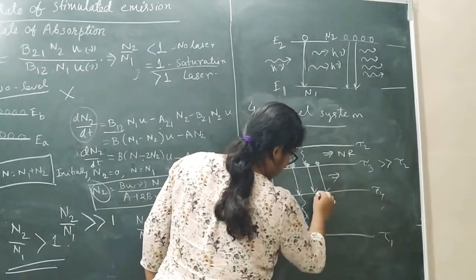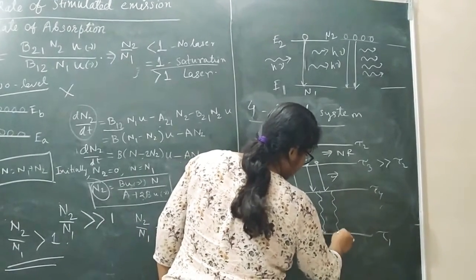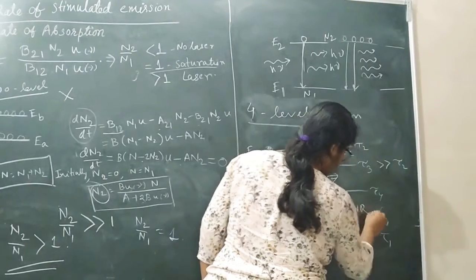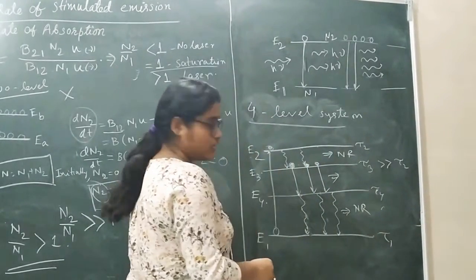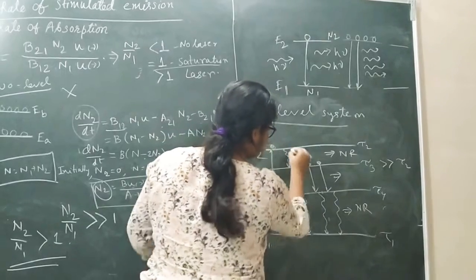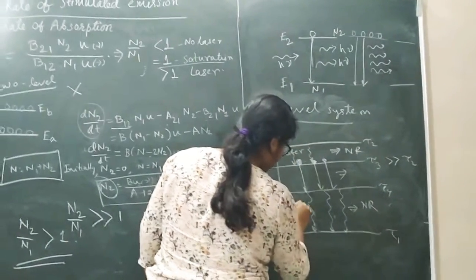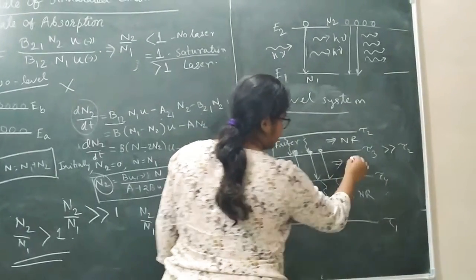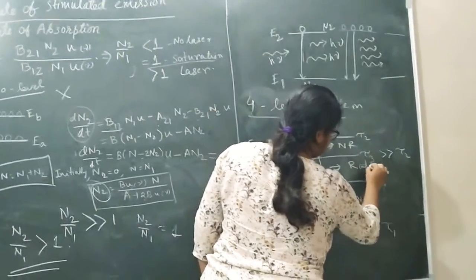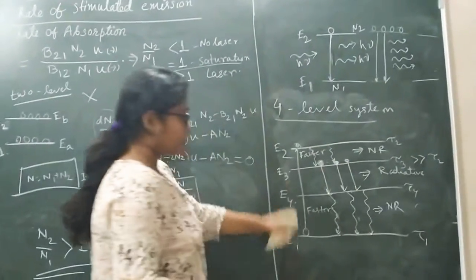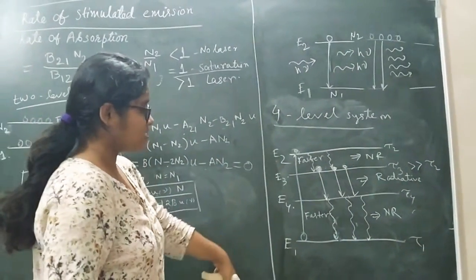Suppose I denote non-radiative decay with this notation. So this transition is non-radiative, this transition is non-radiative, and these are the faster transitions. This is also a faster transition, and this is the radiative one. This kind of scheme is the 4-level system.